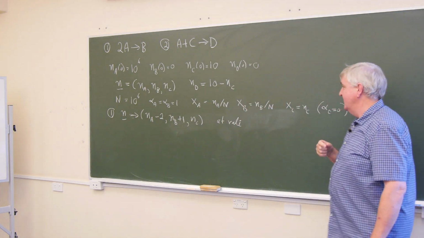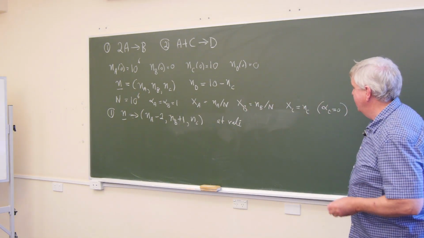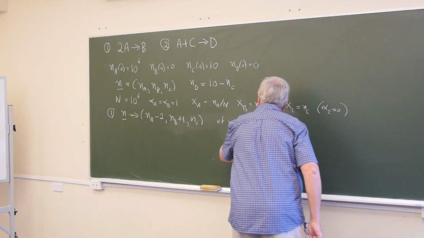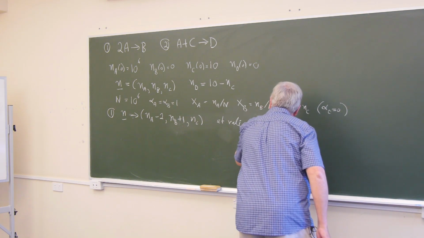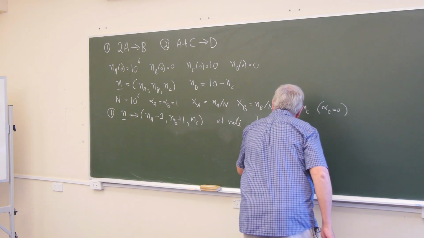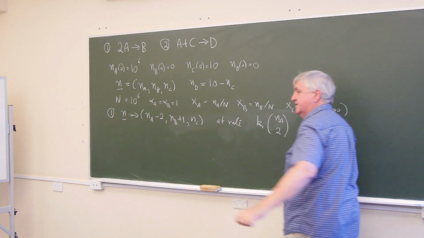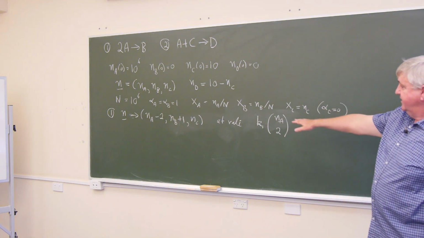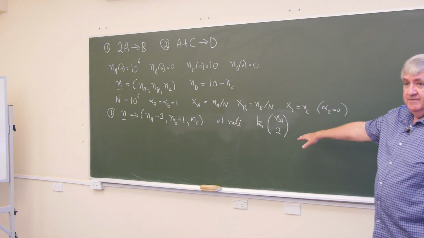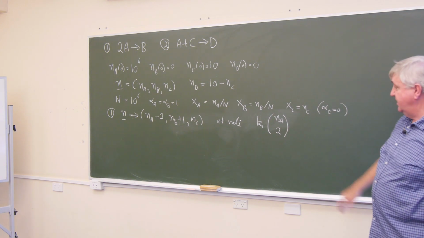Okay? Good question. Right, so these are the infinitesimal transition rates, some rate constant k1 times NA choose 2. Let me explain that. So this is the rate at which reaction 1 occurs as a transition rate of the Markov chain.